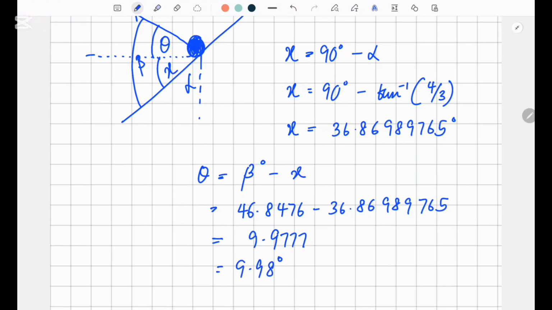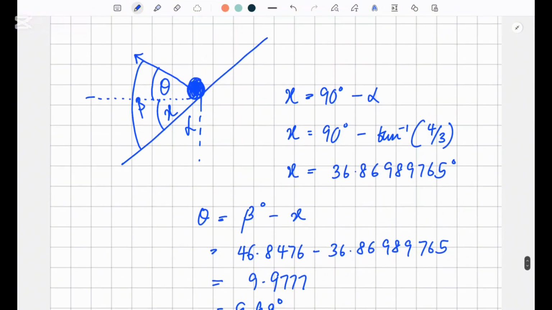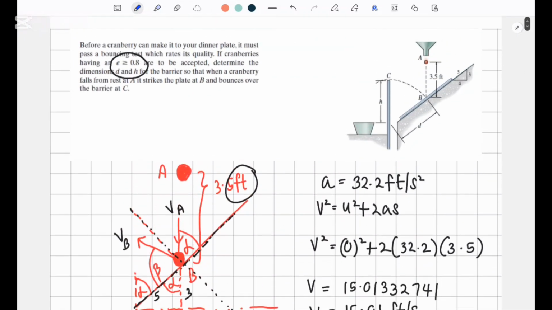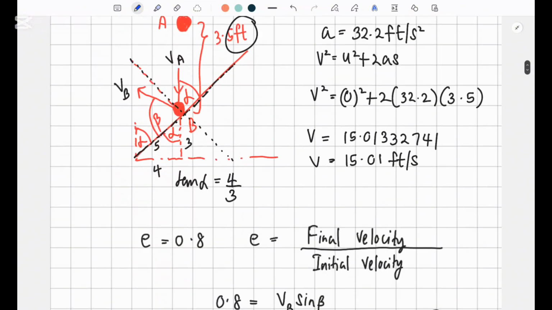This is the angle for your projectile motion. Now using this and the velocity, we can find the distances h and d. So we found the angle.